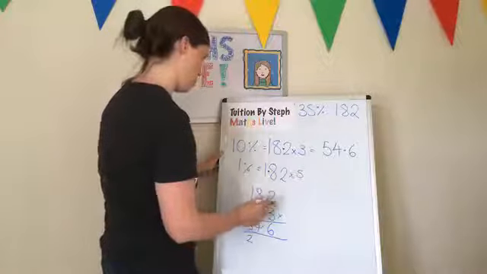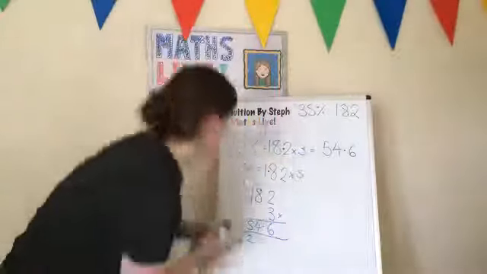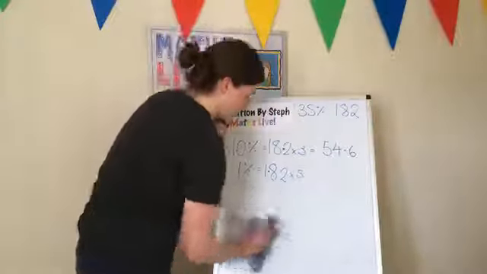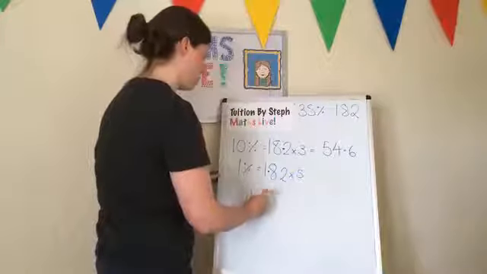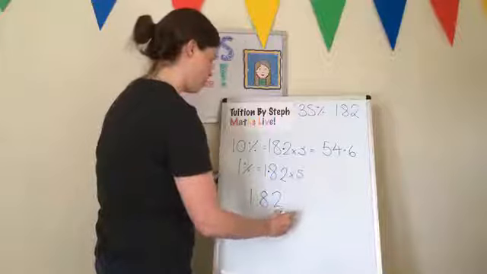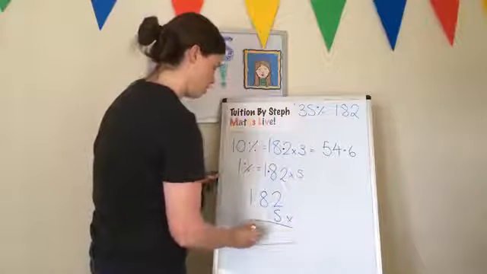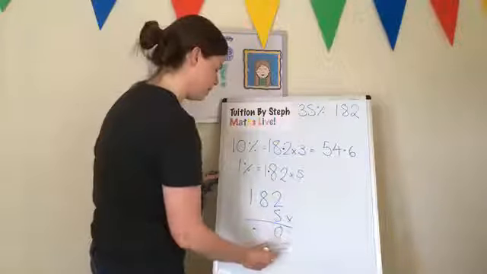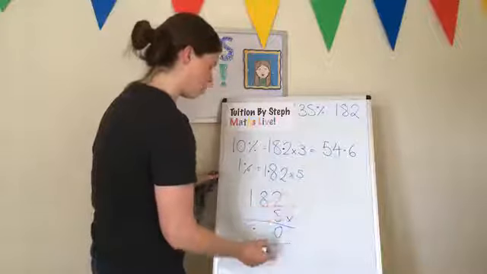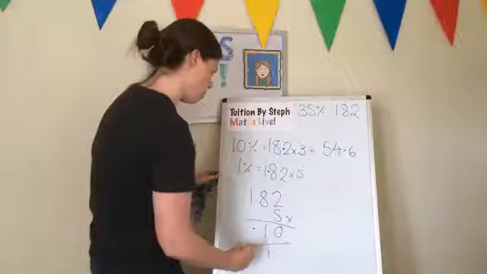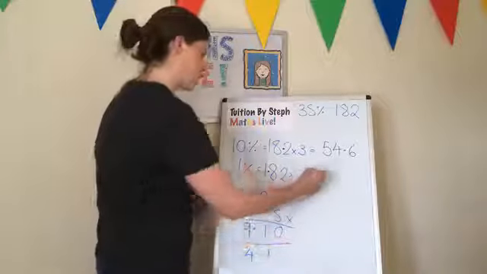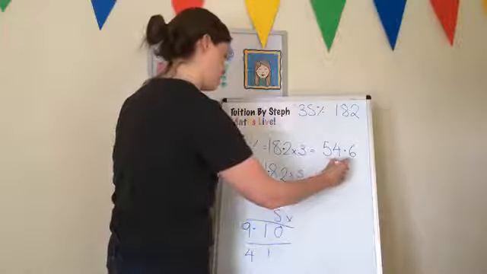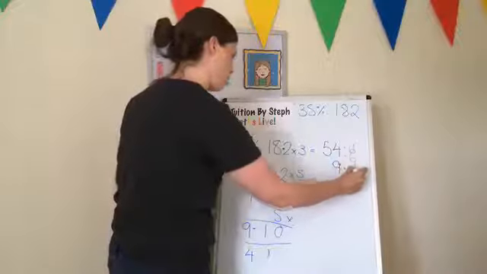And then if I do my 1%, use this space here. I need this space to do my adding in a minute. So 1.82 times by 5. My decimal point in, 2 5s are 10, 8 5s are 40, so that's 41, and 1 5 is 5, that's 9, so that's 9.10.